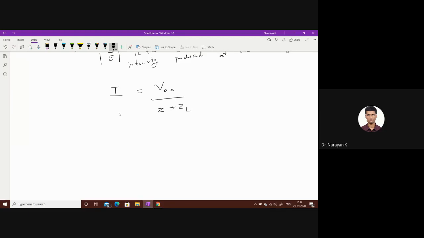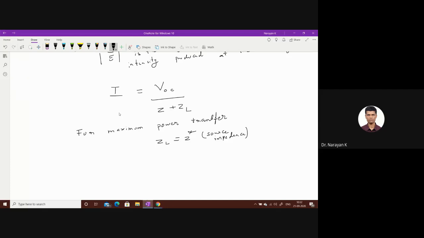Write down: for maximum power transfer, load impedance ZL is equal to the complex conjugate of your source impedance Z. This is your source impedance.